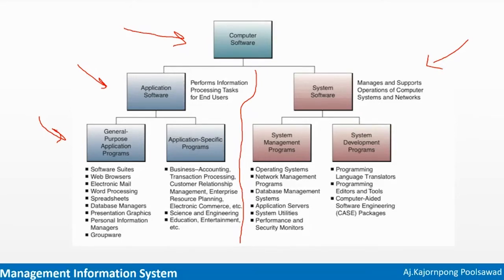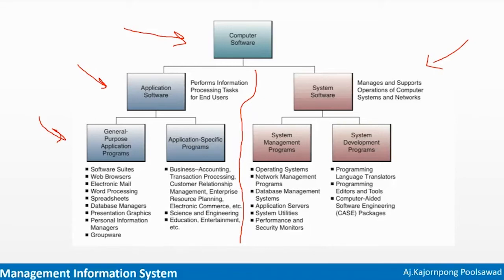And then we move to system software. The system management programs, the first one, as we know, is the operating system. Operating system is OS, like Windows, Unix, iOS, Android.